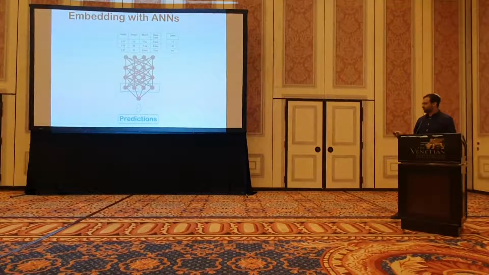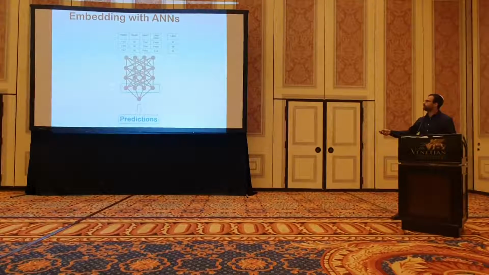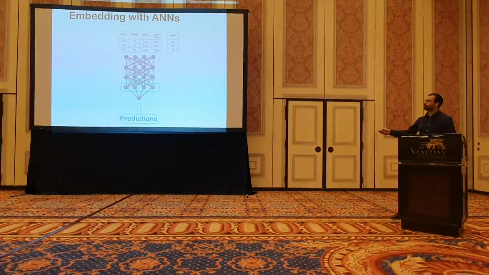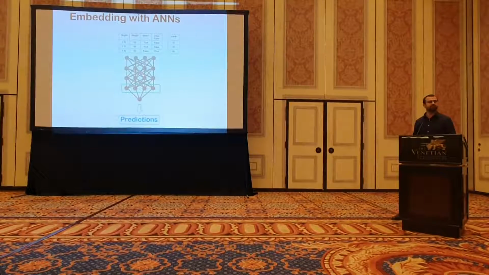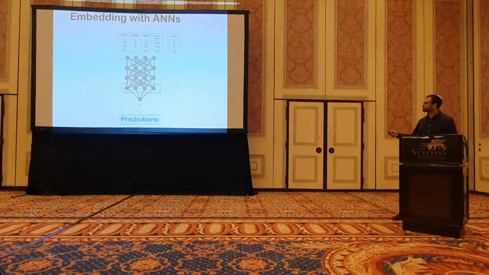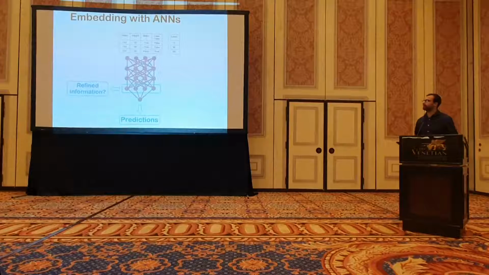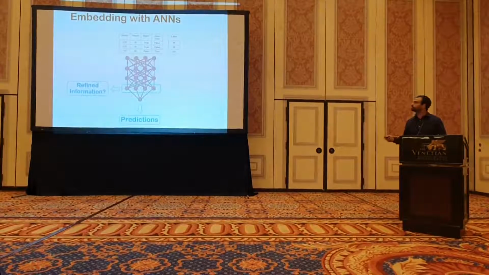If that's the case, that means that what it got from the layer before that, the one in green, must contain interesting information. All the information comes from the input, but it manages to facilitate this information to make a good prediction. So if we extract the features from that last hidden layer, we may have refined information that will help us. We'll use this later on.